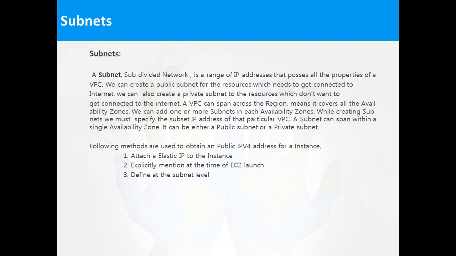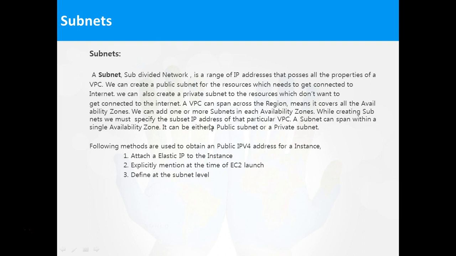Normally, how will you assign public addresses to the virtual machines? You can do this with the help of these 3 points. You can define the public access to the virtual machines at the subnet level, that is mentioned in the 3rd point, or you can explicitly mention it at the time of EC2 launch.